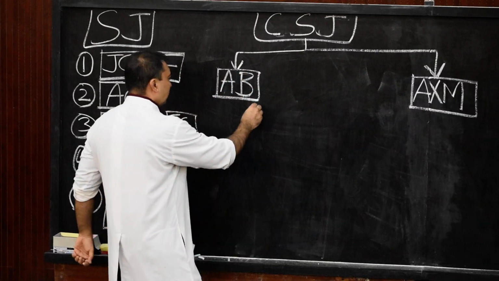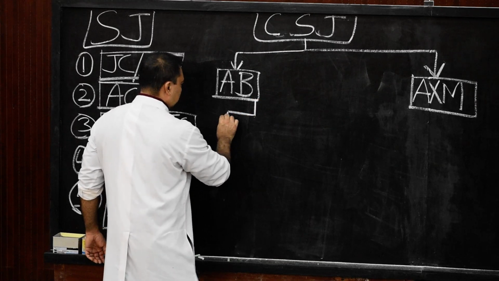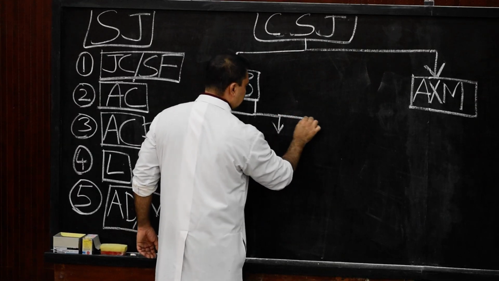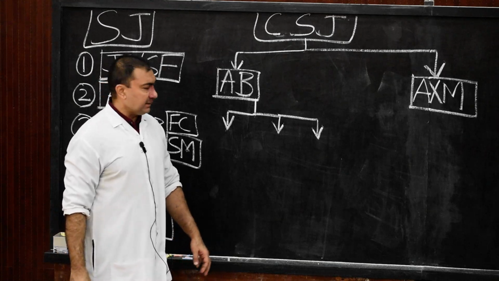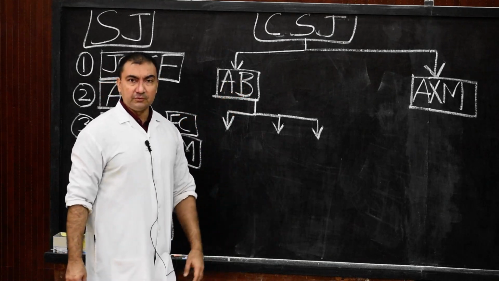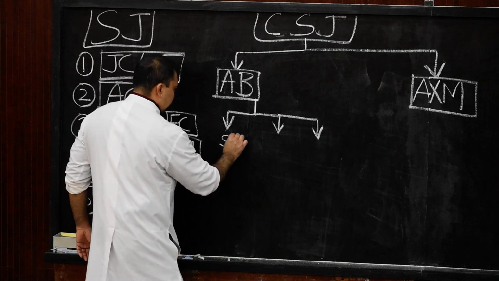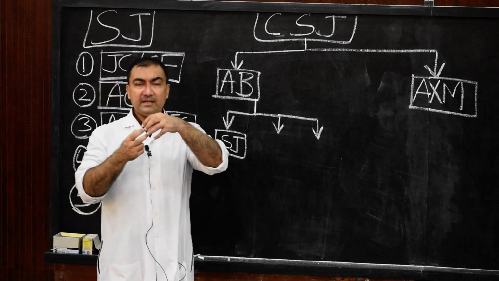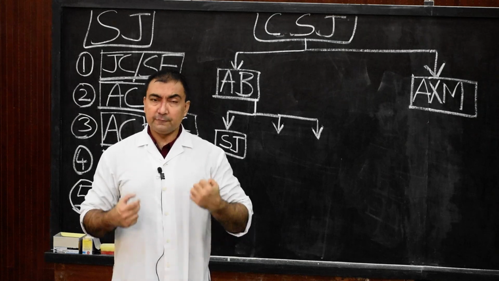Now first, according to the number of articulating bones, we will have three basic categories. First, simple joint. What is this simple joint? When two bones are in articulation, only two bones, they form the synovial joint.